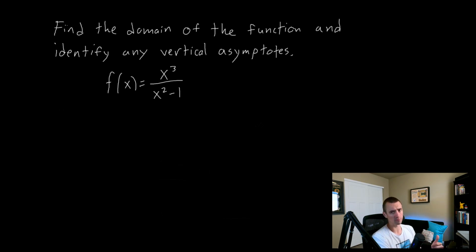So first of all, going back to what we were just talking about, is this a rational function? Well, let's think about what we have here. We have x raised to a positive whole number power as our entire numerator. So x cubed, that's a polynomial. What about our denominator, x squared minus 1? We have x raised to a positive whole number power, and then just plus or minus a constant term.